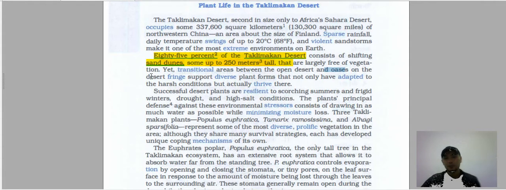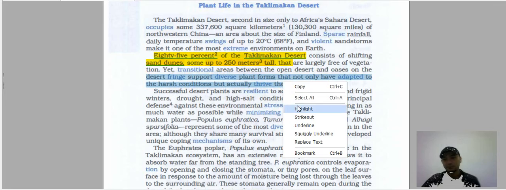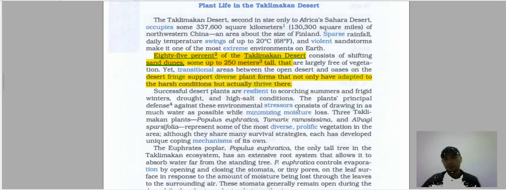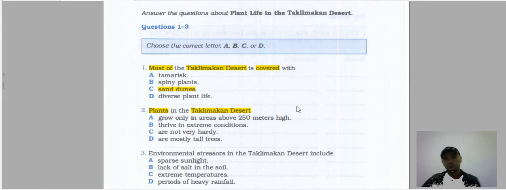And here you can see the word desert fringe: support diverse plant forms that not only have adapted to harsh conditions but actually thrive there. This is the place that we need, and it is 100% thrive in extreme conditions.